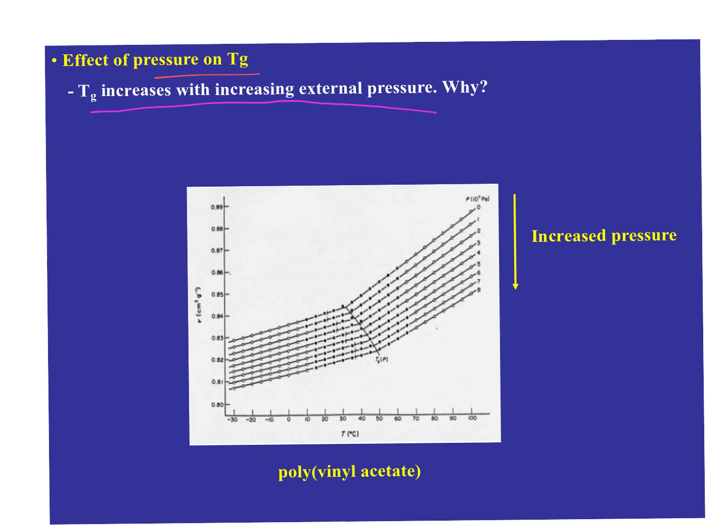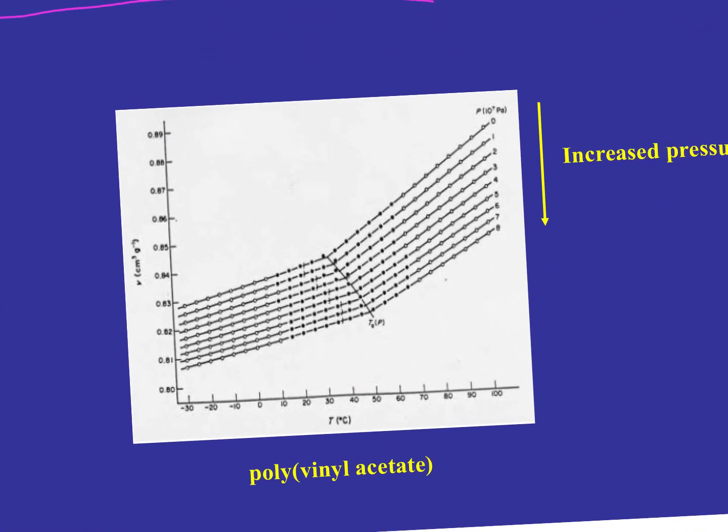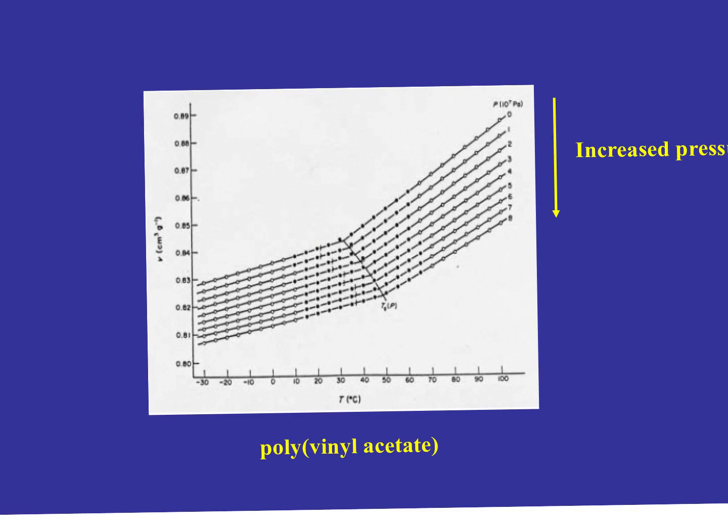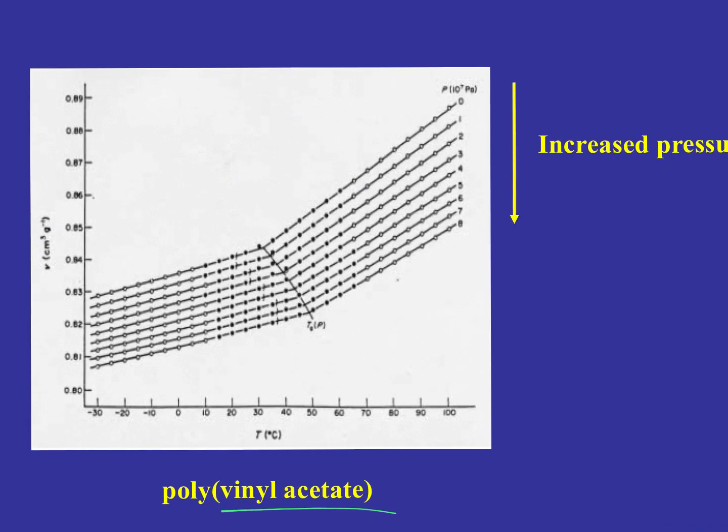And so it affects the A and B terms and the PV equals nRT, and decreases the amount of space between the polymer chains. That's what's shown in this data, looking at glass transition for polyvinyl acetate, with pressure in units of 10 to the 7th pascals.